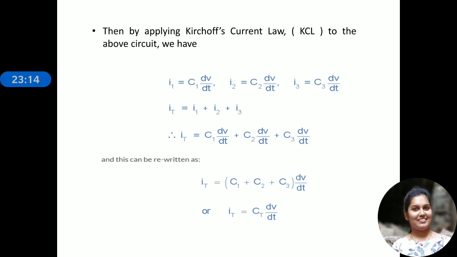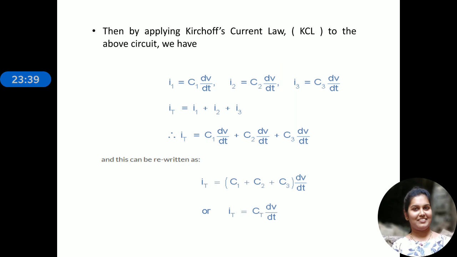So when I apply Kirchhoff's current law to the above circuit, what we can write is that I1 is equal to C1 into dV by dt. I2 is equal to C2 into dV by dt. I3 is equal to C3 into dV by dt.